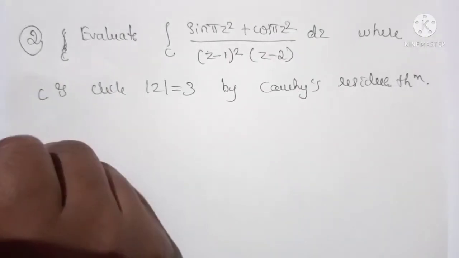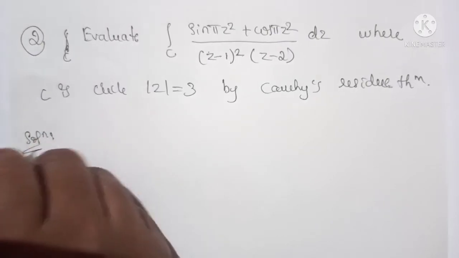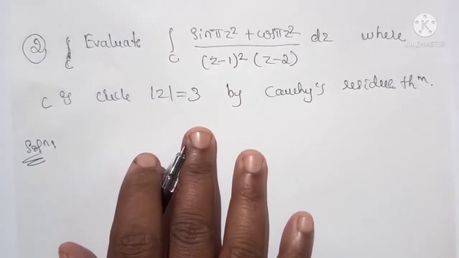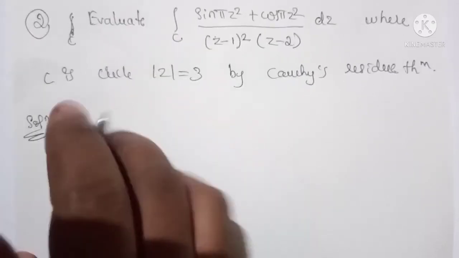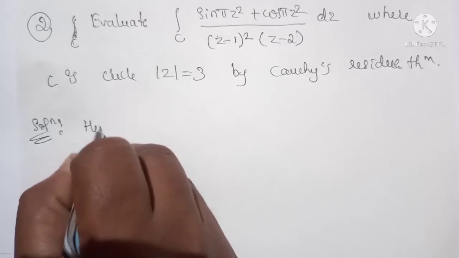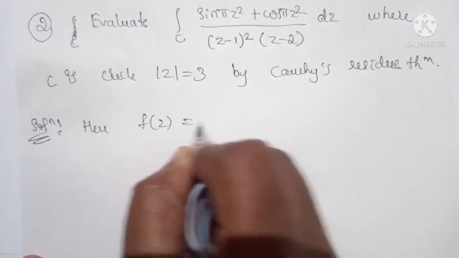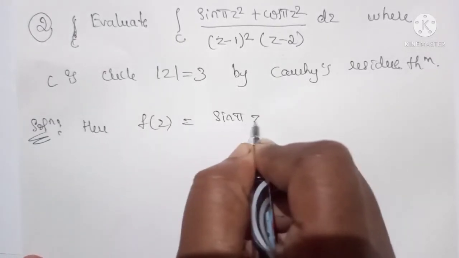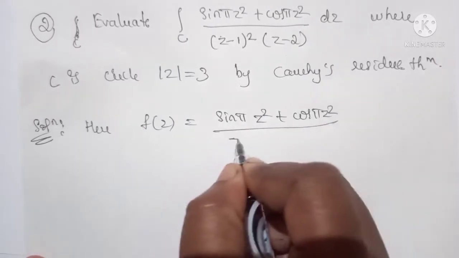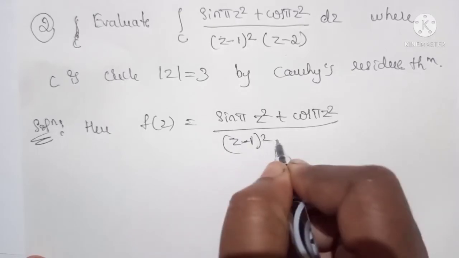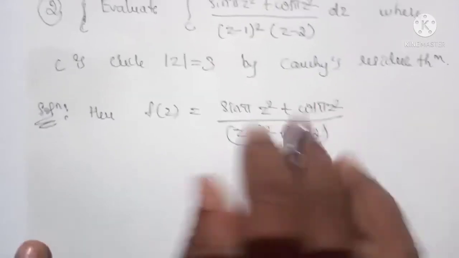Solution. First we need to find the poles, that is the points of singularity, then the residues, then we can evaluate the integral. Here f of z is equal to sin pi z square plus cos pi z square divided by z minus 1 whole square into z minus 2.